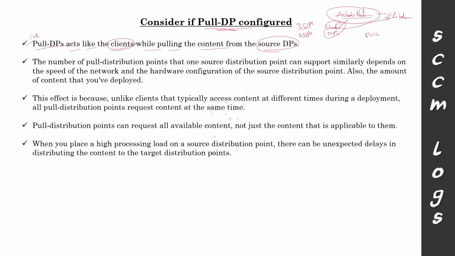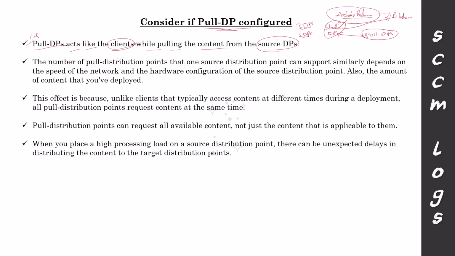But when you distribute the content to the full DPs, it will get the content from the source DP. It won't take the source file path. It will directly pull the content from the DPs which are configured as the source DPs for the full DP. I hope you understand this point.